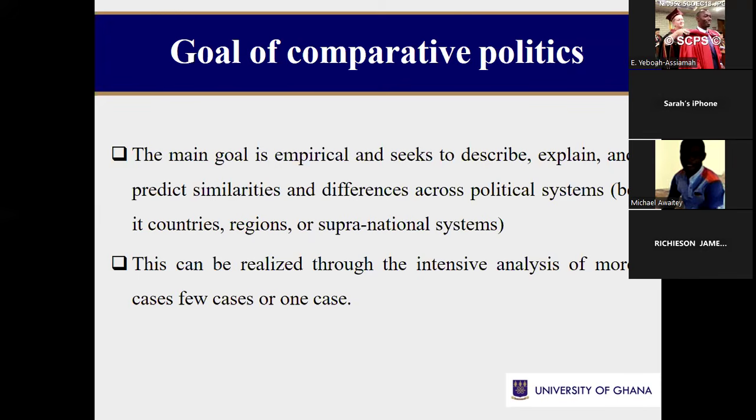And so if a country is heading towards that same direction, we can predict. That is the goal of comparative politics. It helps us to describe, explain, and then to predict. For example, you can explain an issue going on in a country, maybe using the 5 eyes. Then you want to check the individuals. It helps you to vividly describe and explain phenomena.